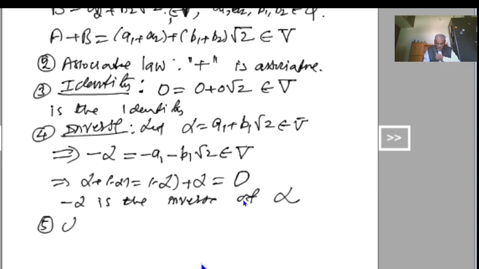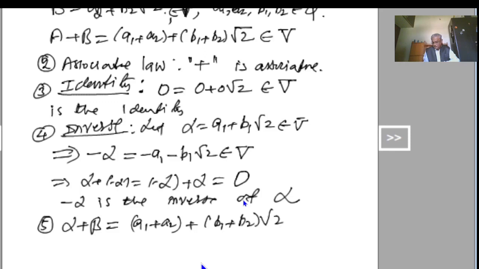And finally we go for the commutative law with respect to addition. So here alpha plus beta is A1 plus A2 plus B1 plus B2 into root 2. This is my alpha plus beta. Can I write this as A2 plus A1 plus B2 plus B1 into root 2?